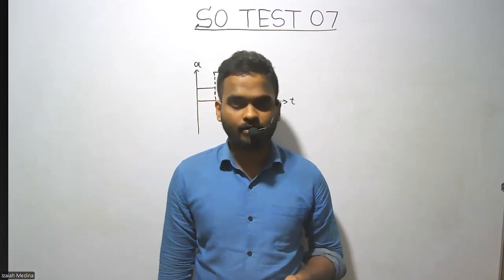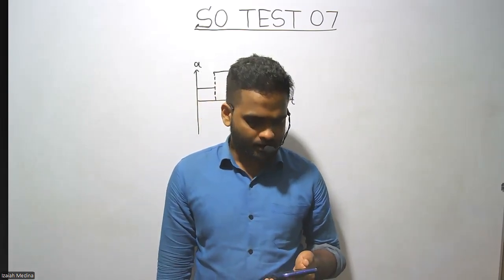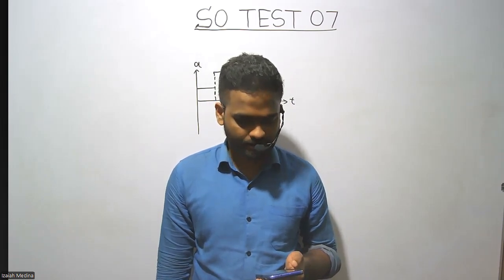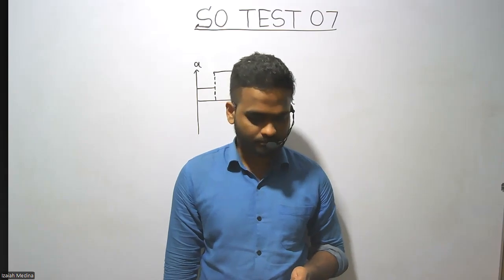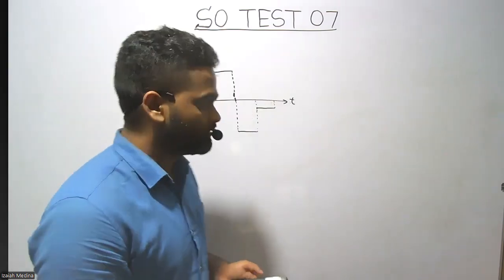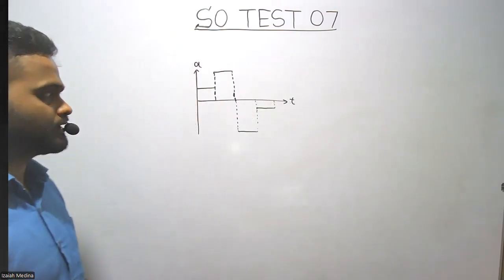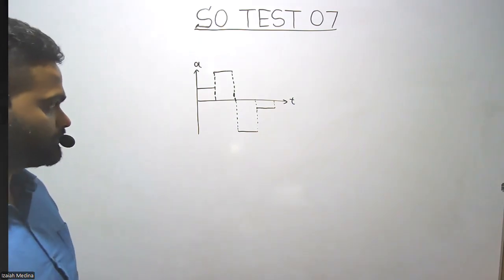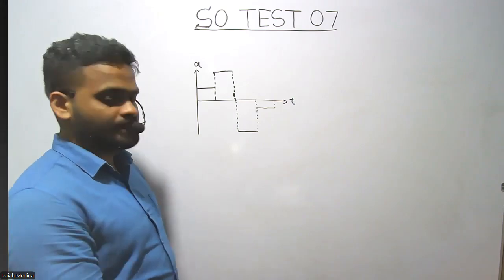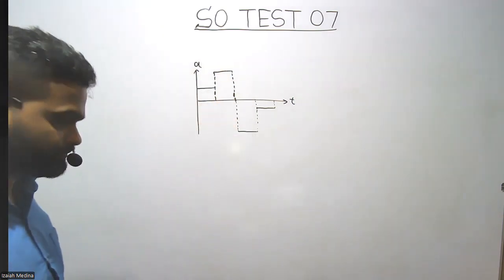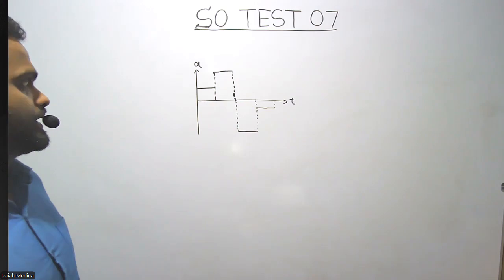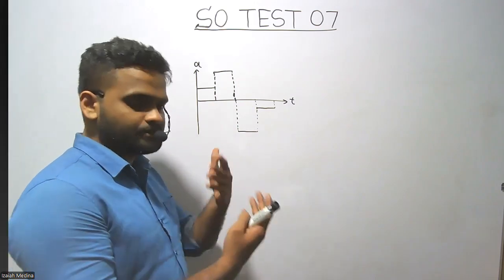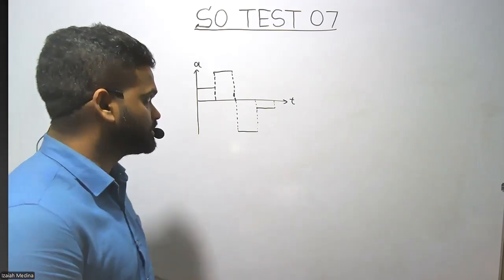Right, seventh question. The graph below shows the variation of acceleration of an object with time. Right, so they have given an acceleration-time graph. So what they ask is the correct VT graph, velocity-time graph, for this one. So before that, you need to get the combination between acceleration and velocity.